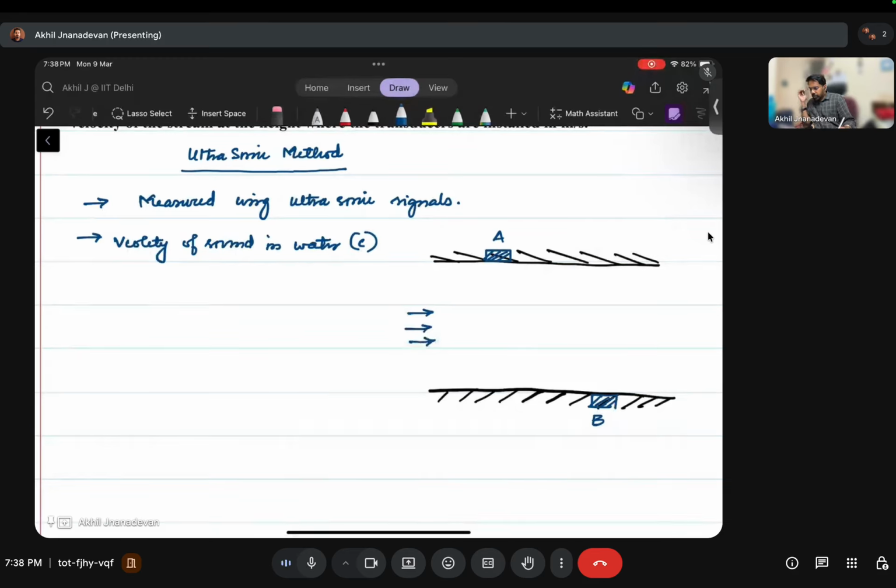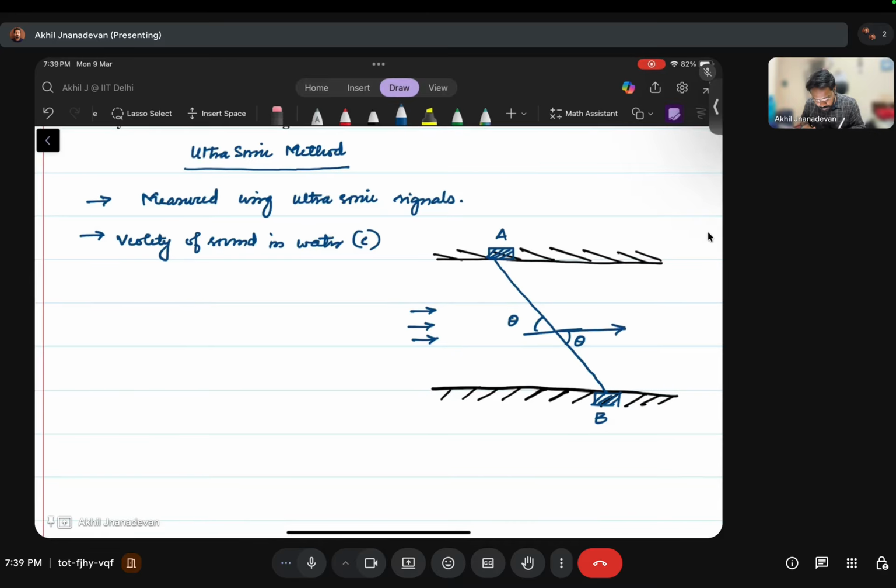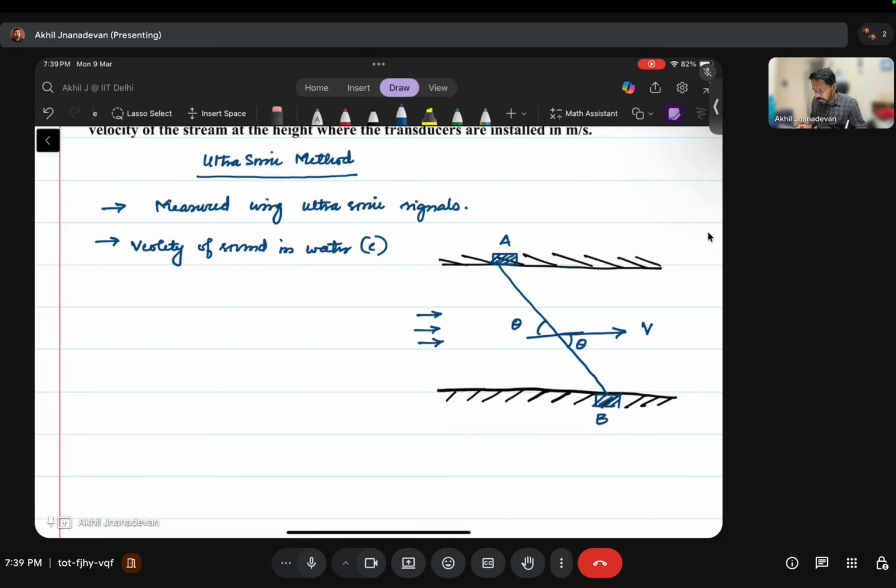The line joining these two transducers makes an angle theta, and that theta is usually 45 degrees. The flow velocity will be in the horizontal direction, and that is what we need to measure. From transducer A to transducer B we'll be sending signals and measuring the travel time.